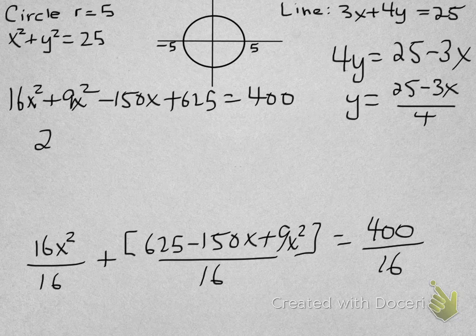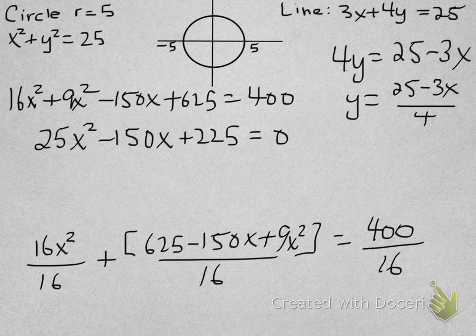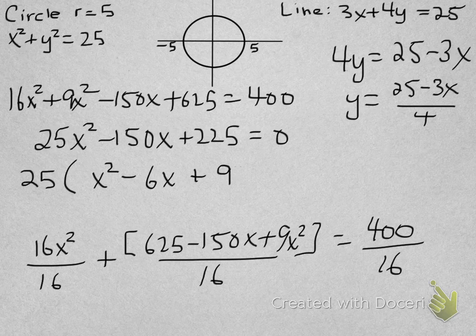Now in order to solve this quadratic, I'm going to have to put everything on one side of the equal sign and make that equal to 0. So 625 minus 400 is 225. Starting to factor here so I can solve the problem: 150 divided by 25 is 6x, and 225 divided by 25 is 9.